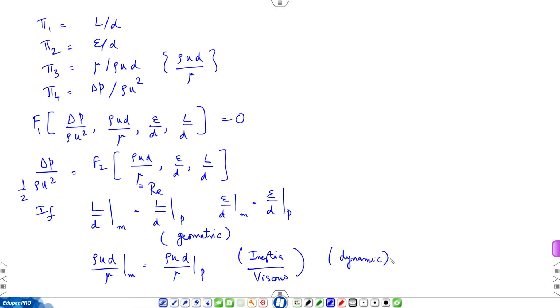That means the conclusion is delta p over rho u square for the model is equal to delta p over rho u square for the prototype. So, this dimensionless data, that column that you have for delta p over rho u square, can be used for the prototype.